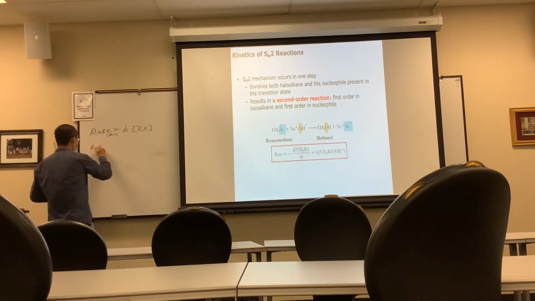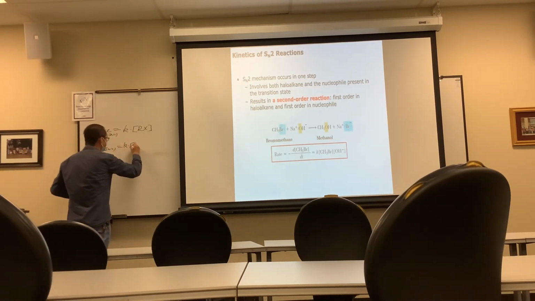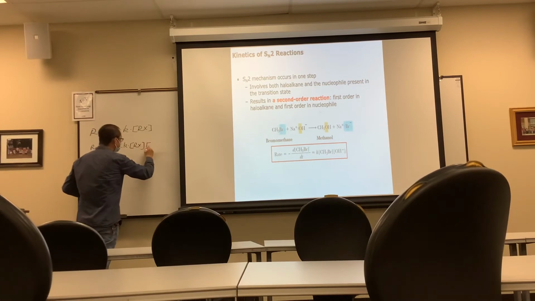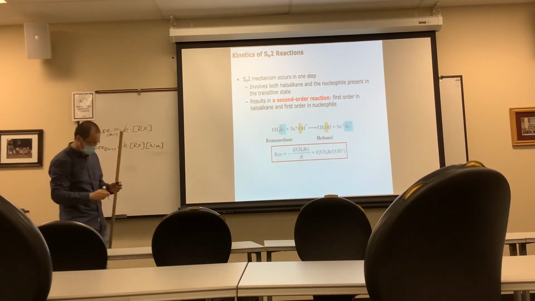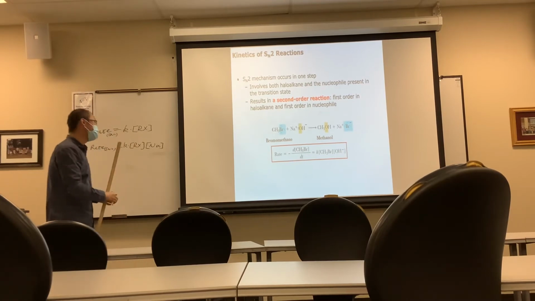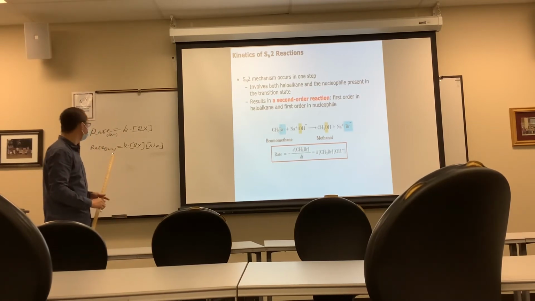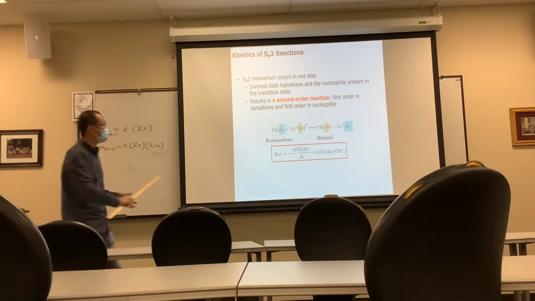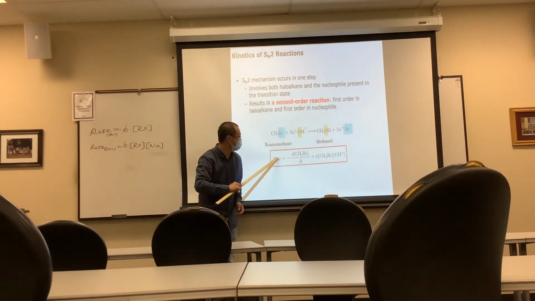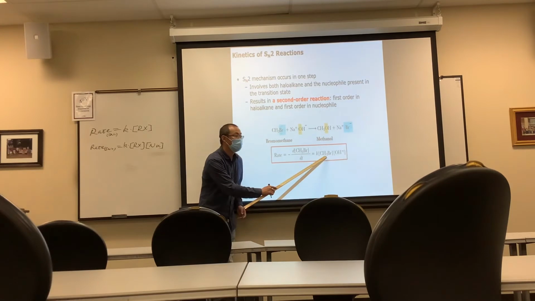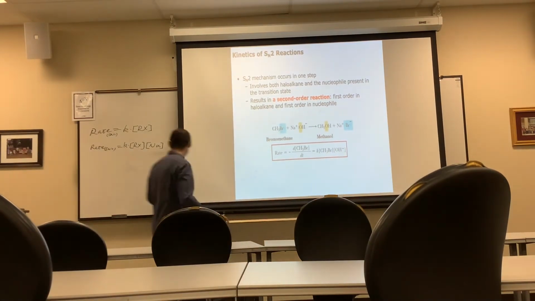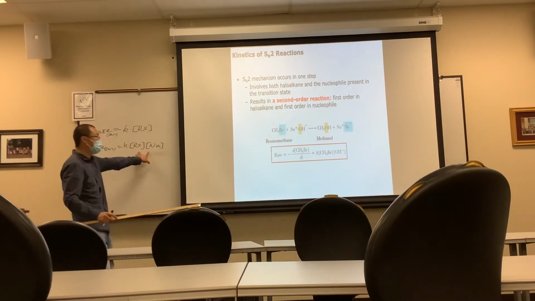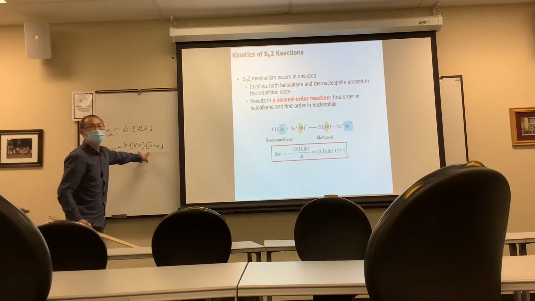Rate of SN2 equals k times [Rx] and the nucleophile. You see that here? Rate equals k times [Rx] times [nucleophile]. First order of each, so the total is second order.